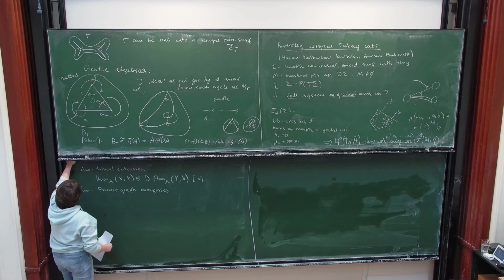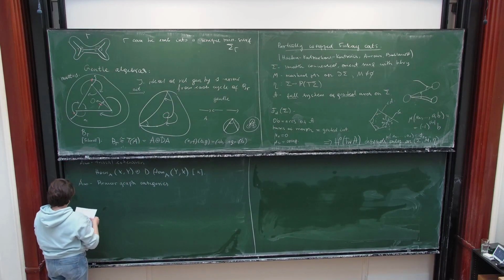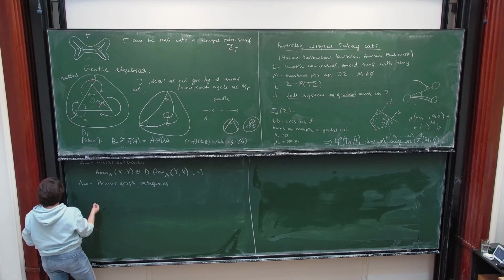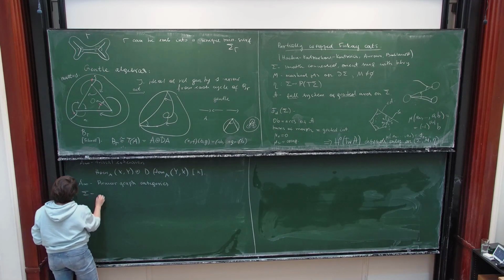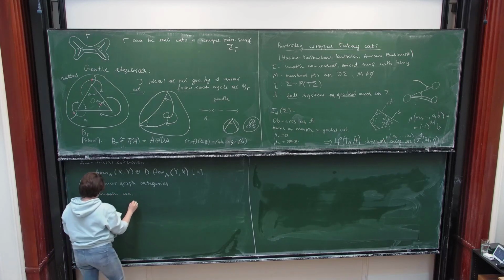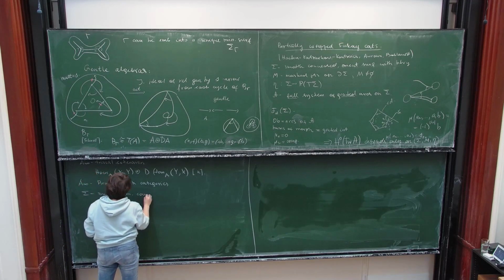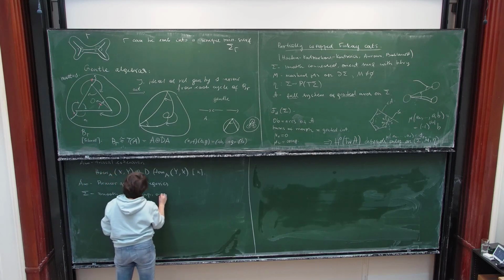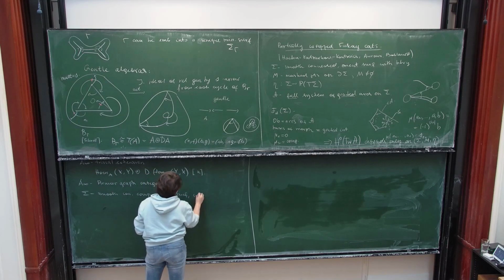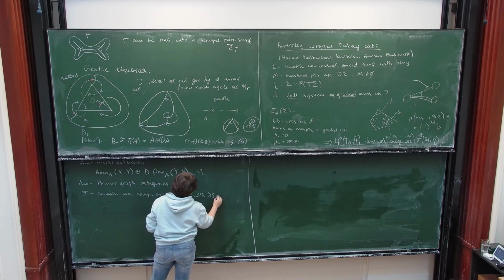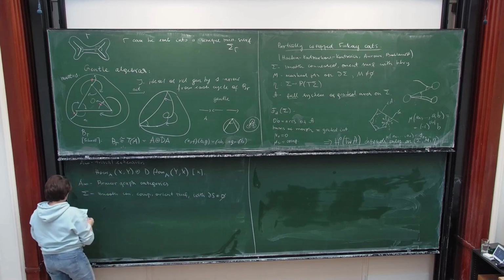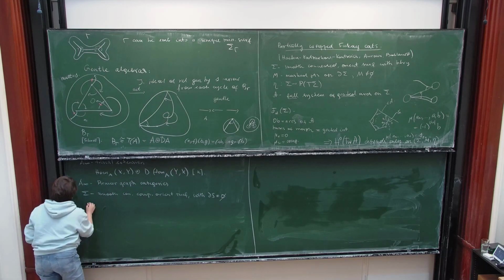So now, what do we do? We fix a smooth connected, compact oriented surface with non-empty boundary as before, but now we fix a set of marked points in the interior.